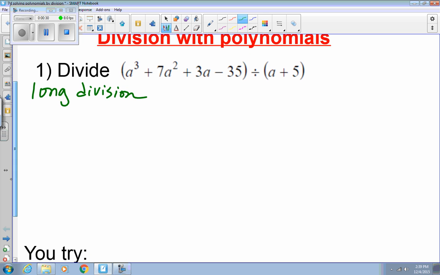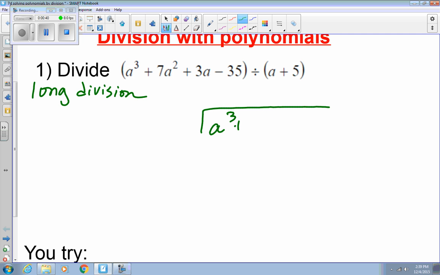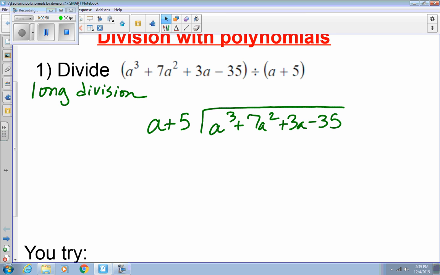We have a to the third plus 7a squared plus 3a minus 35, and that is getting divided by a plus 5. This is exactly how you used to divide.